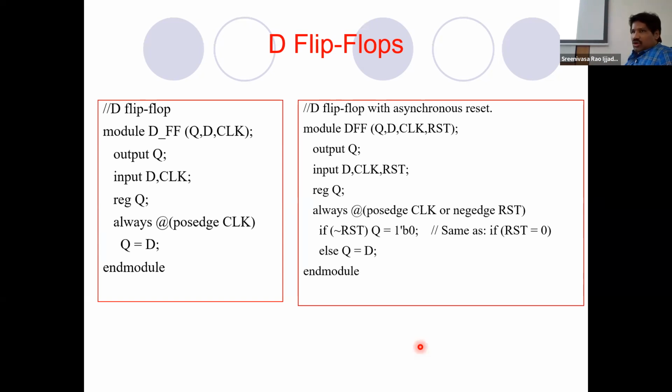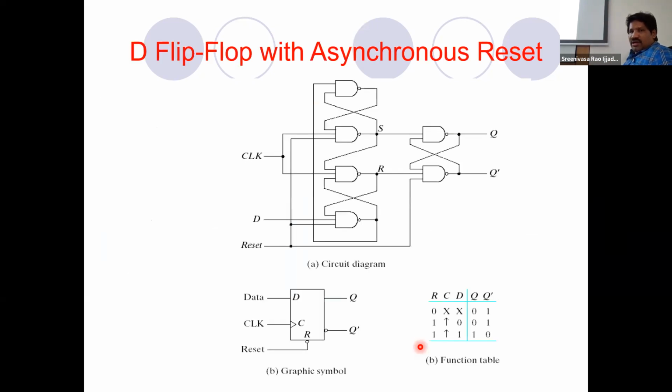Then write down, note down this one. I think this circuit is not required, but these two are enough, because we are not doing the modeling at gate level. With this we can understand why this is required: the reset is active for 1 or 0.